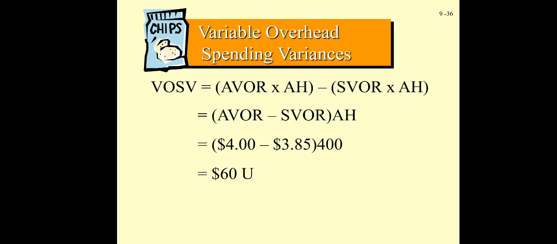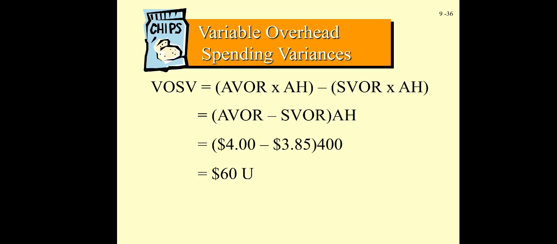Okay, to calculate the variable overhead spending variance, you have to use this formula. The formula is actual variable overhead rate minus standard variable overhead rate times the actual hour. So using the data that you have seen in the previous slide, the actual variable overhead rate is $4 and the standard variable overhead rate is $3.85.